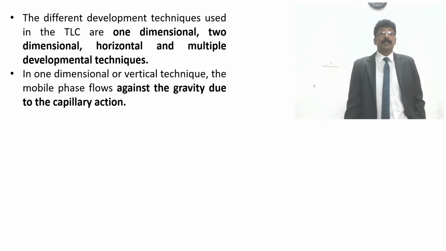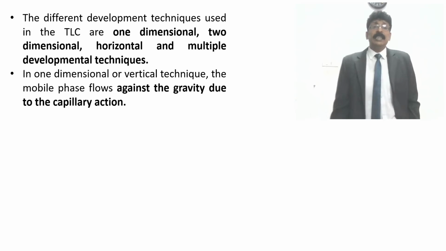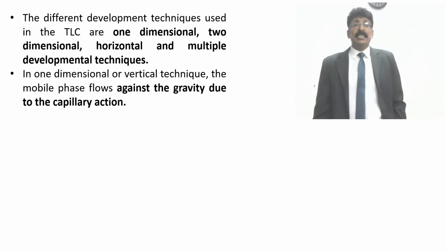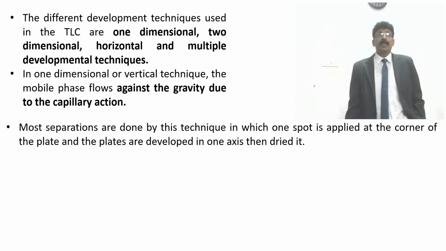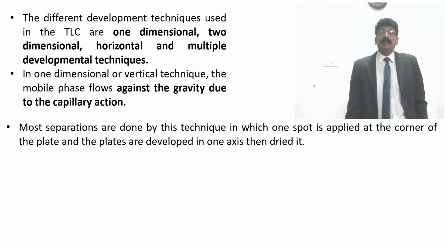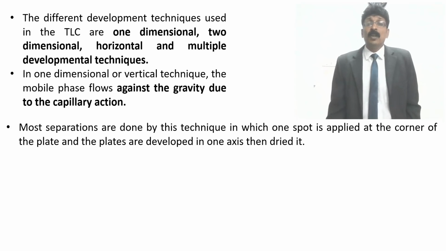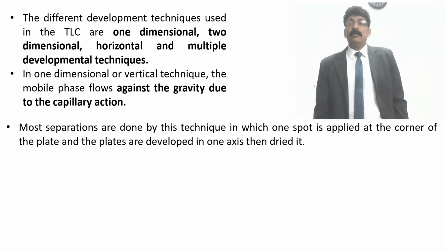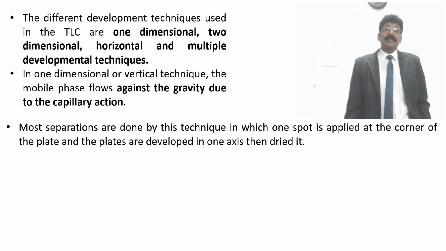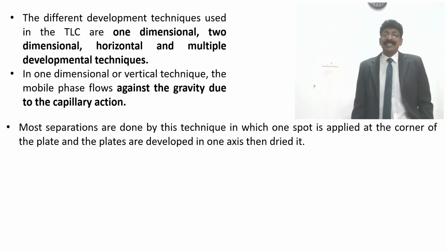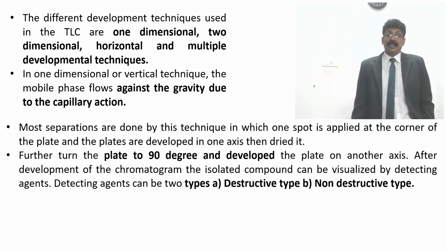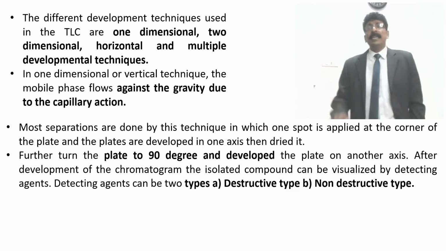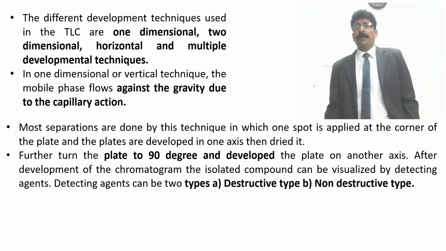In the one-dimensional vertical technique, the mobile phase flows against gravity in the capillary. Most separation is done by this technique. In two-dimensional development, one spot is applied at the corner of the plate and the plate is developed in one axis and dried. Further, the plate is run at 90 degrees and developed along the other axis.